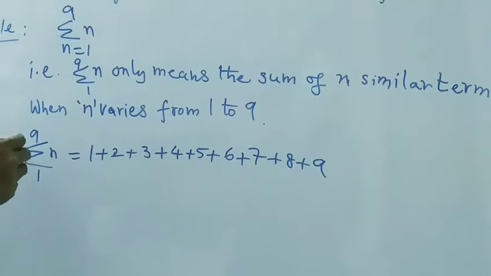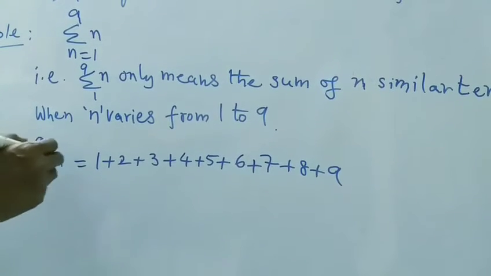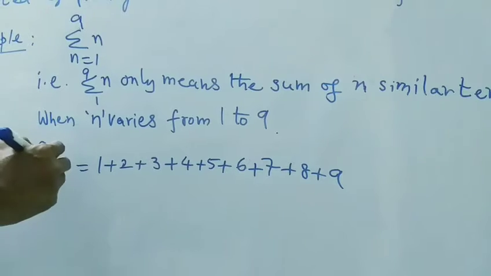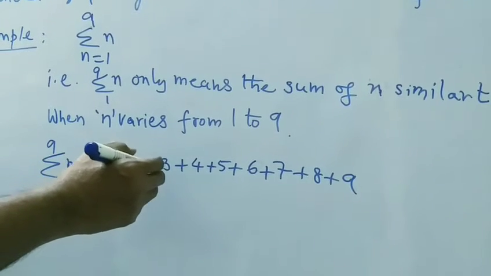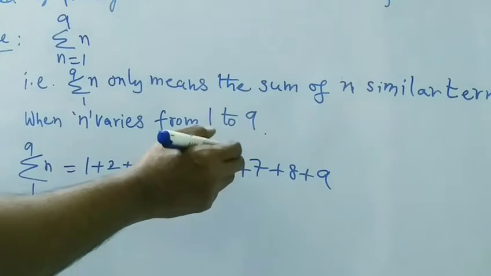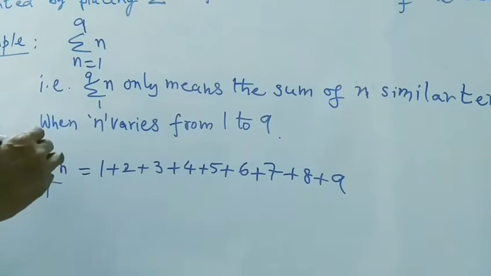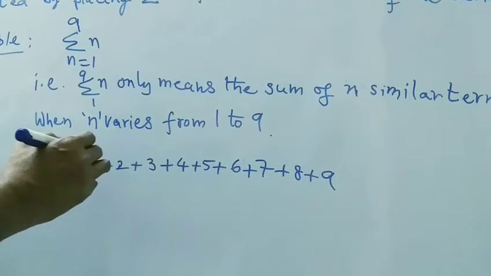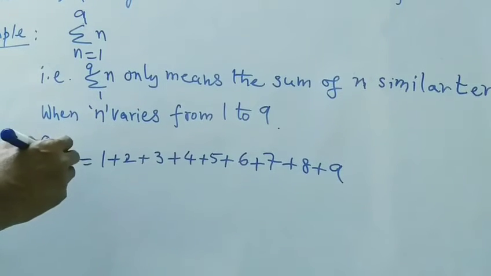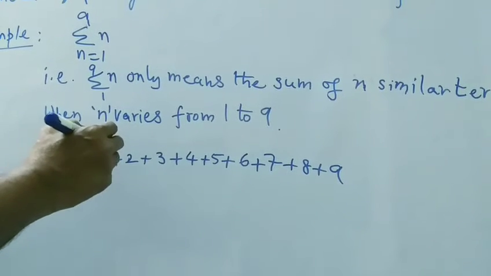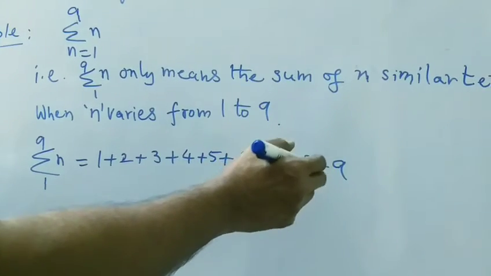In place of n we have to substitute from 1 to 9, so we are substituting only from 1 to 9. That is sigma n from 1 to 9 is equal to 1 plus 2 plus 3 plus 4 plus 5 plus 6 plus 7 plus 8 plus 9.